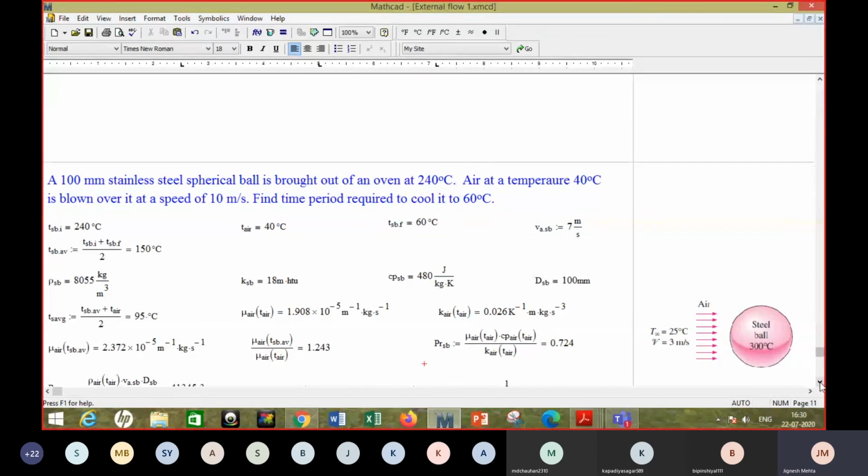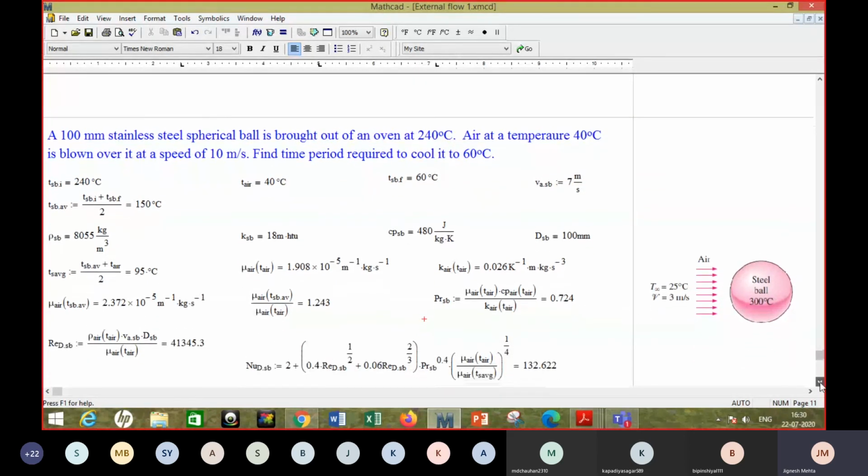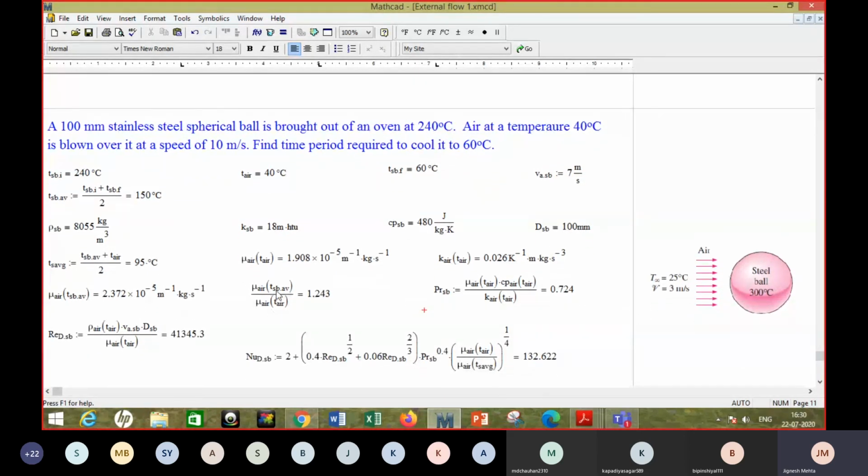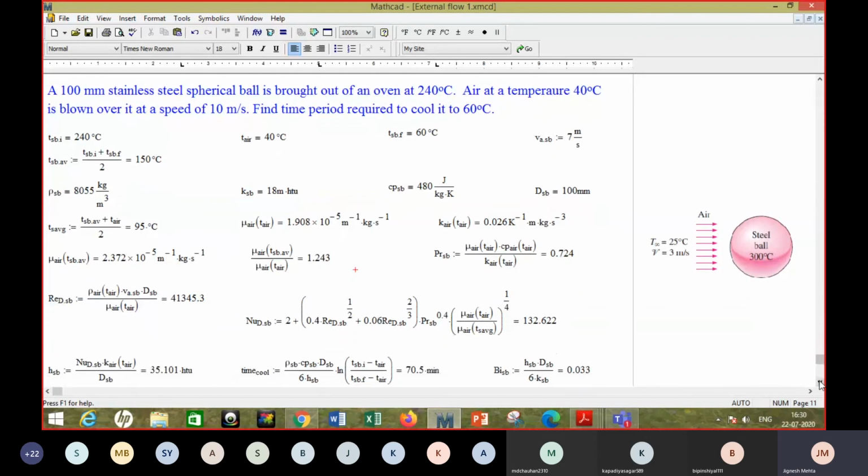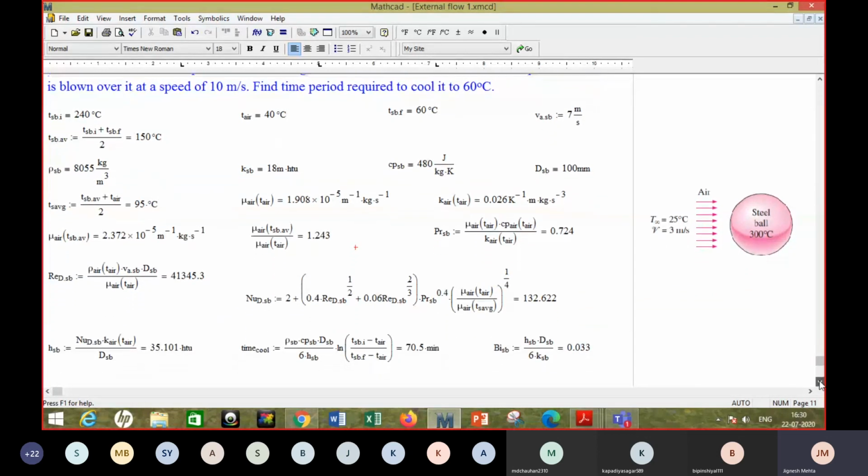So that mu ratio which comes in the Whittaker correlation is mu of air at the average surface temperature and mu of air at 40 degrees Celsius. The Prandtl number is also evaluated at the fluid temperature of 40 degrees Celsius, so it comes out to be 0.724.